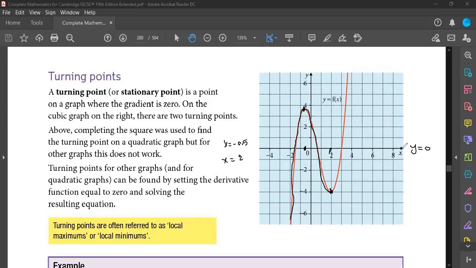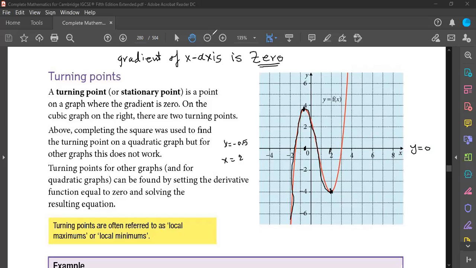And what's the gradient of the x axis? We took it a long time ago. The gradient of the x axis is 0, because if we take 2 points on it and do y2 minus y1 over x2 minus x1, it comes out 0.